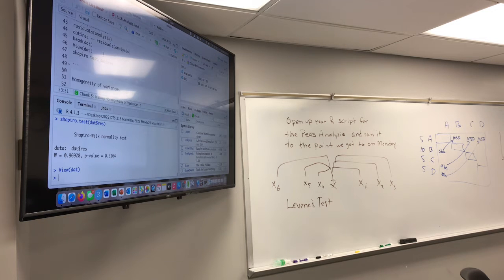So you'll see that at each of these, I'm giving myself a little title, telling me what this chunk of code is doing. It's setting up the model and testing for normality. This next one is testing for homogeneity of variances.